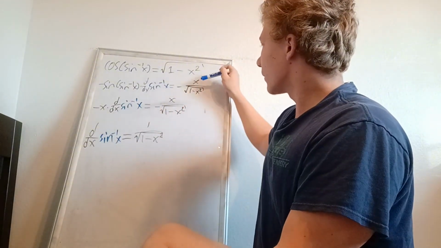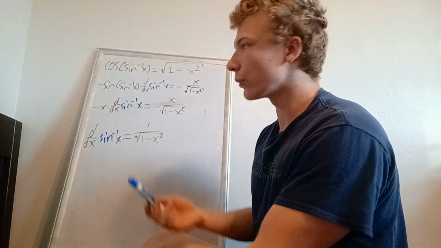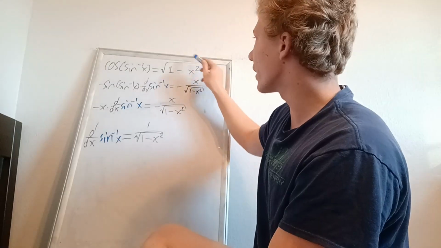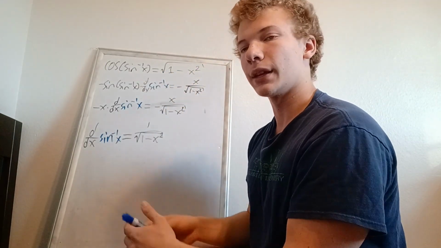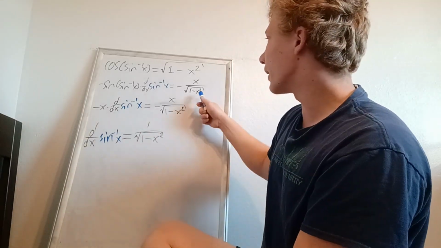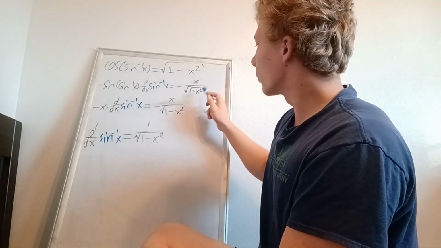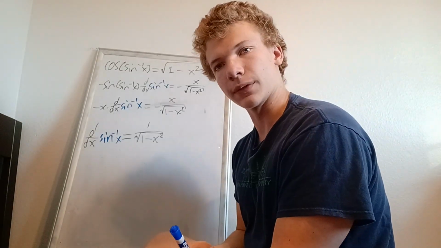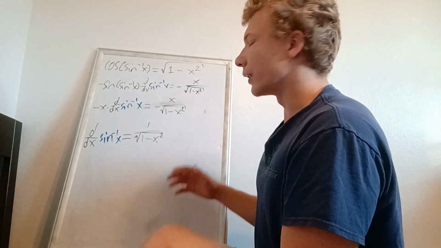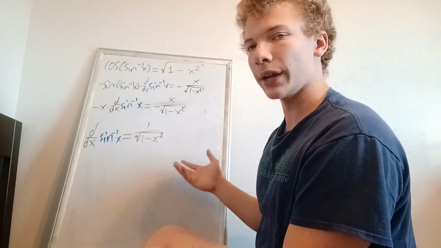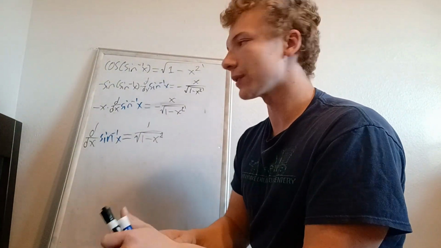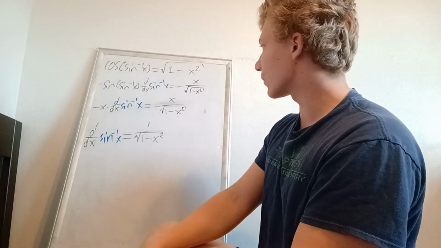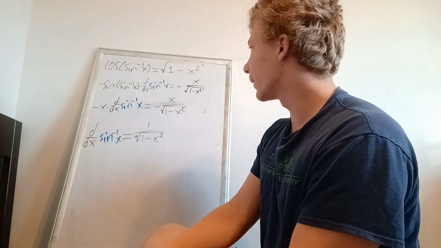And then that is going to be equal to, here, it's the power rule. This is also the 1/2 power, so the 1/2 comes here. And then 1 minus x squared to the -1/2 is going to be 1 over, so it's on the denominator, and then it's still square rooted. And then multiplied by the derivative of the inside because of the chain rule. And that chain rule will give us -2x, but of course that multiplying by 2, and then the 1/2 will cancel, so our final expression is -x over root 1 minus x squared.